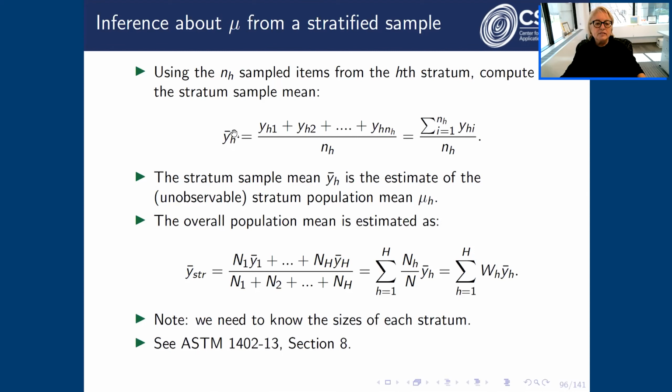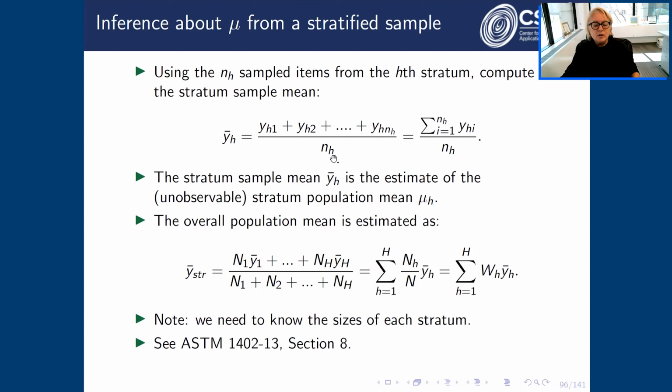So if we're talking about the stratum labeled h, then the mean in that particular stratum is computed in exactly the same way. You take all the items you sampled from that stratum, measure the variable of interest, and divide by the sample size you drew from that particular stratum. So y sub hi here is the ith sampled item from the hth stratum in the population.